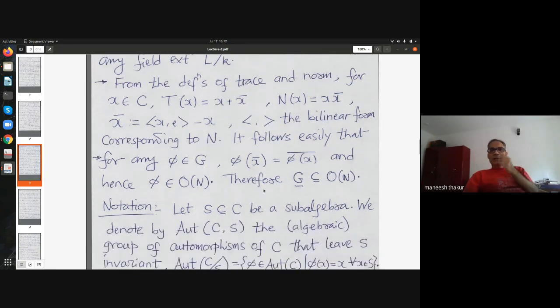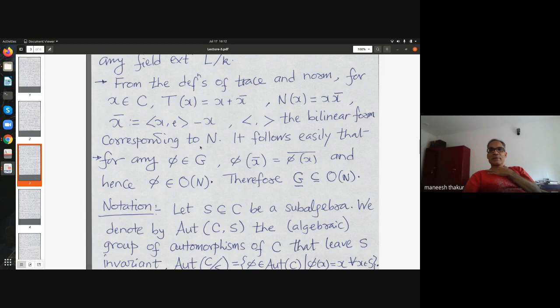Now, I have said that any automorphism phi in G is just an automorphism of C defined over K. If I take any such phi, then it commutes with the involution. The way to see this is not difficult. One quick argument is the following.